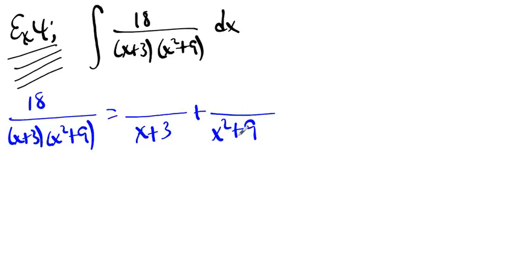This factor has degree 1, so this must be a constant. This factor has degree 2, so this numerator could have degree 1 or it could have degree 0.